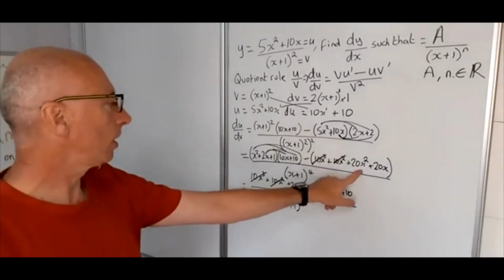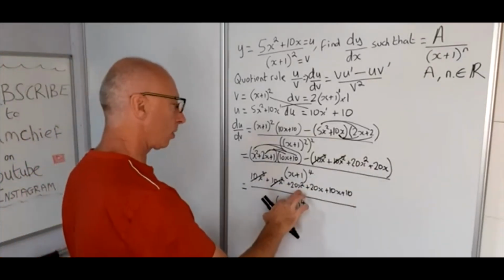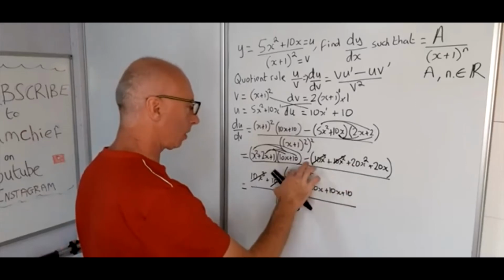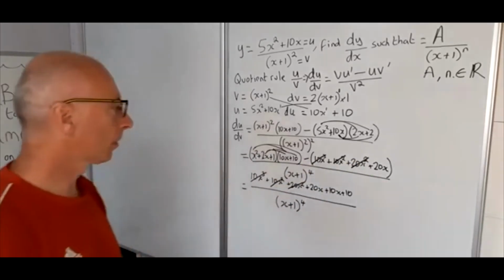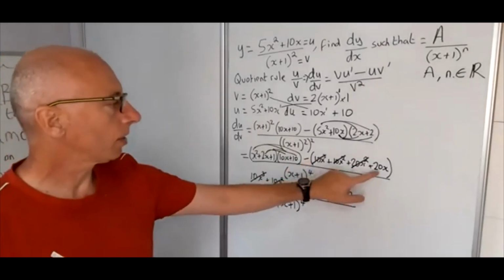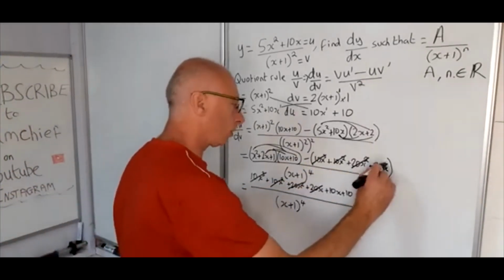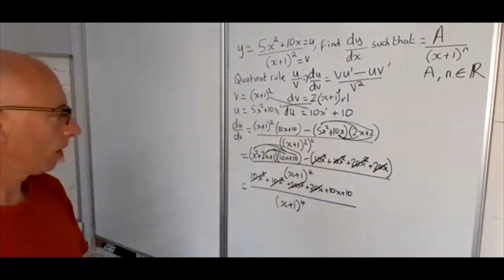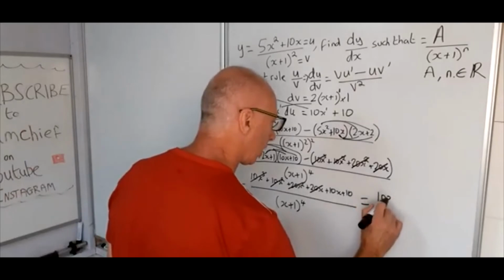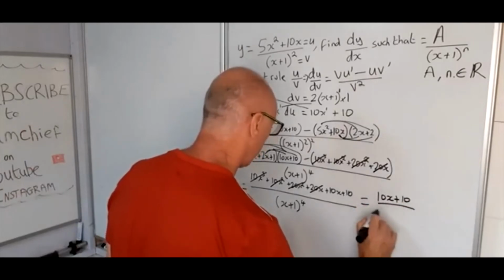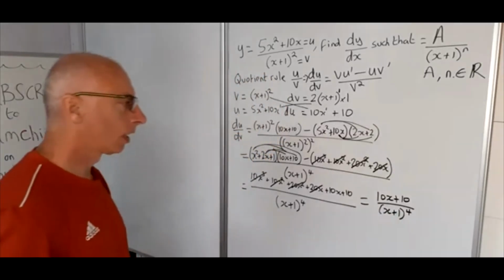We've also got a 20x squared, so 20x squared with this one, with the minus and the plus gives us a minus, so we can cancel that one out. And same again, minus 20x, and with this 20x, these will also cancel out. So after all that, we're now left with 10x plus 10 over x plus 1 to the 4.